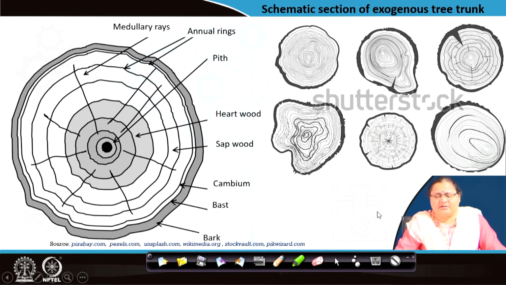Now, you see, not all sections are uniform. They may be different in shapes. So, when you are converting this to usable timber, you have to look into how the annual rings are arranged.